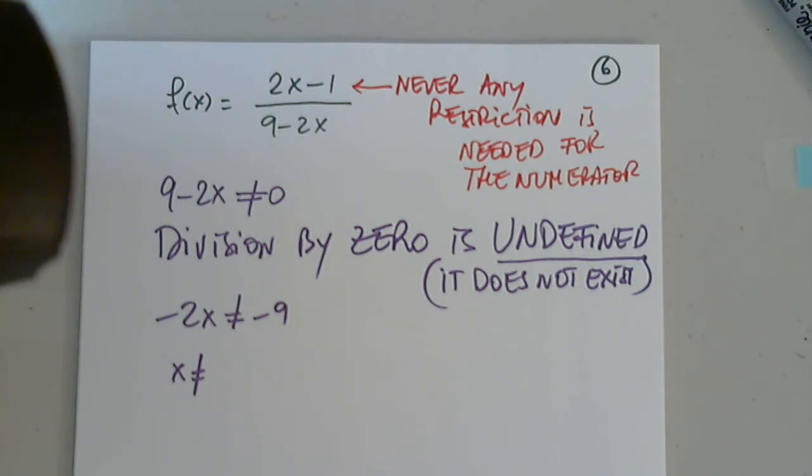Haber, are you with us? So he's the one who's not here. Now I know. Lake? X cannot equal 9/2.